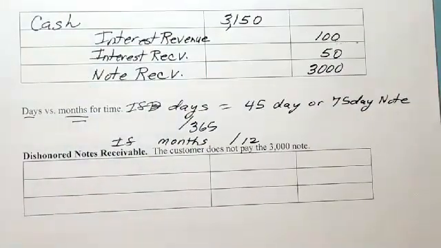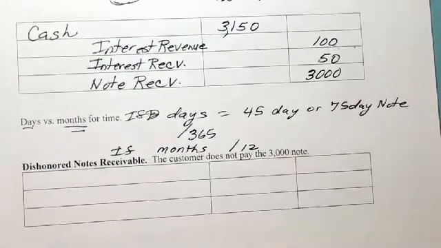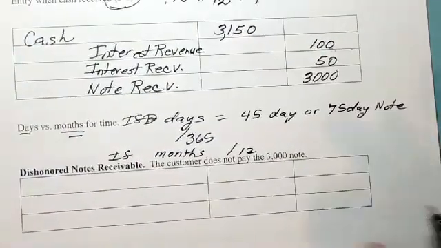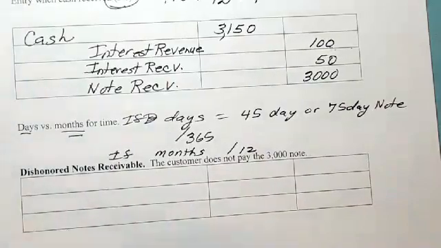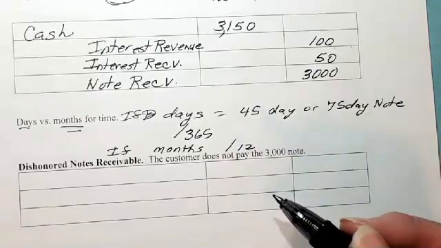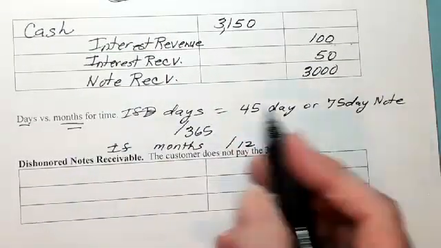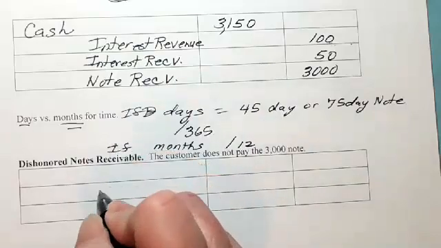Then, like we did with the accounts receivable, what if the customer just skips town and doesn't pay us? We get to write off that note receivable, or we don't get to, but we have to. We don't have allowances for this. We assume if we give somebody a note, they're going to pay it. What we'll do is, if the time goes past, we'll take that note receivable.